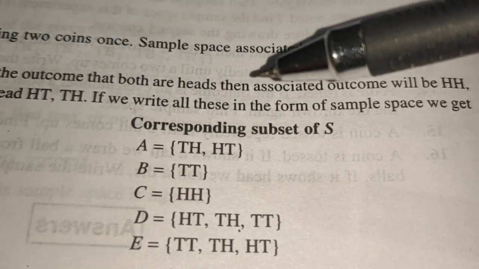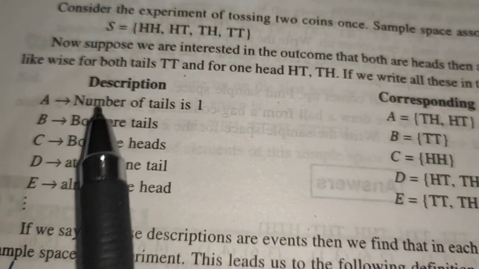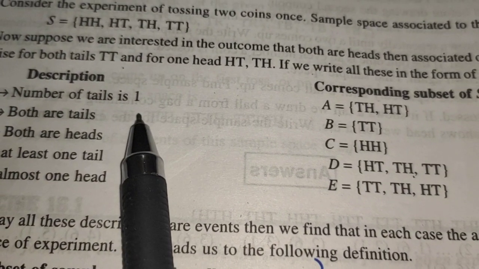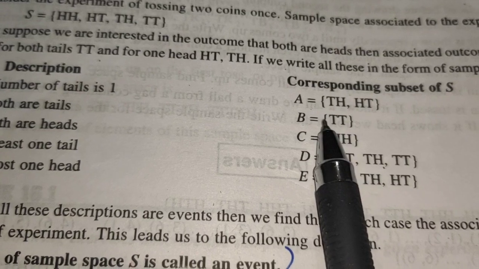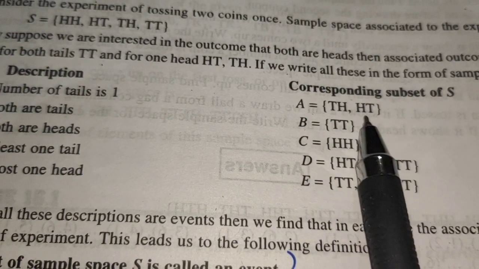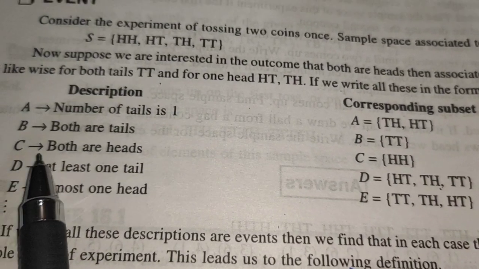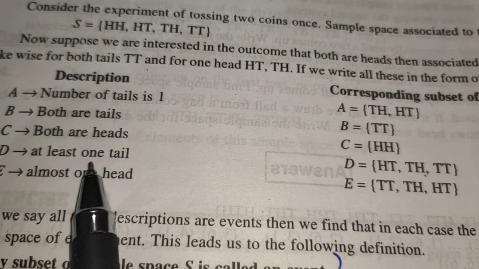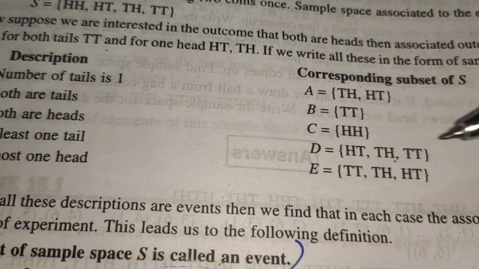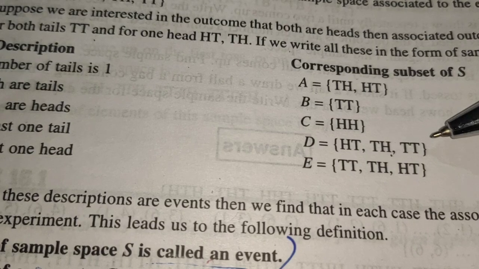If we write all these in the form of sets, we will get the number of tails. When we talk about one tail, then A will be HT or TH. Both are tails, so it is only TT. Both are heads, so it is only HH. At least one tail will cover HT, TH and TT.